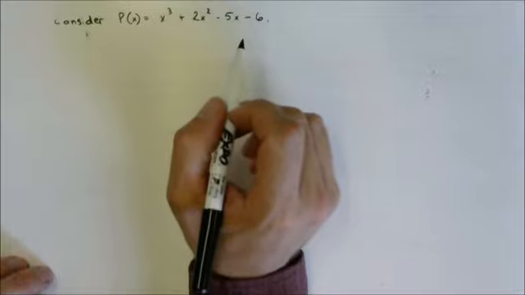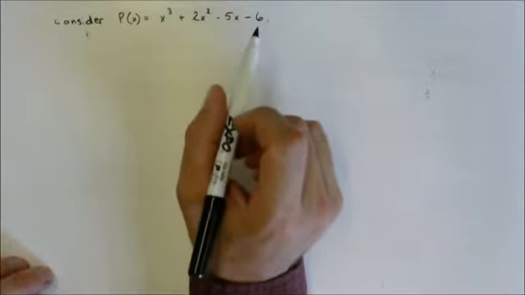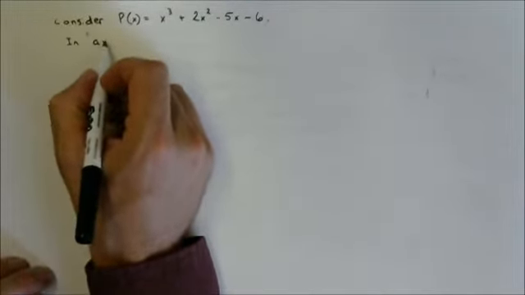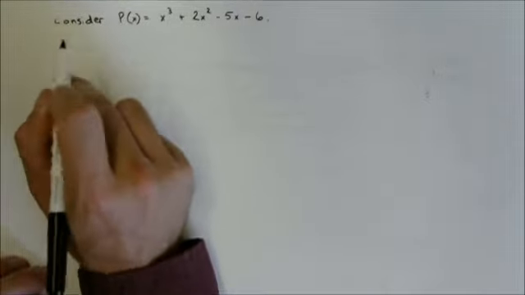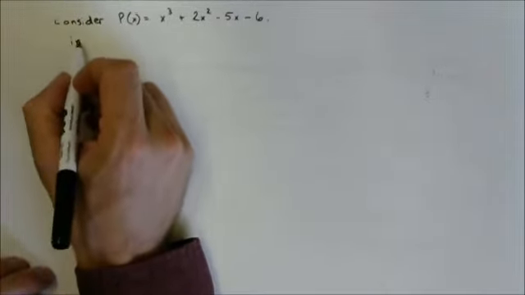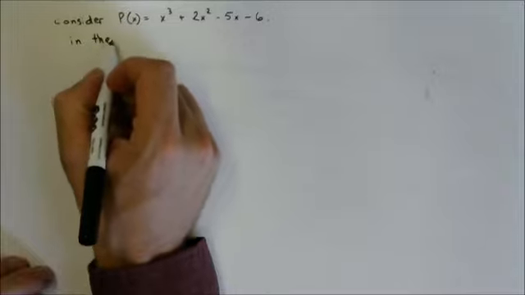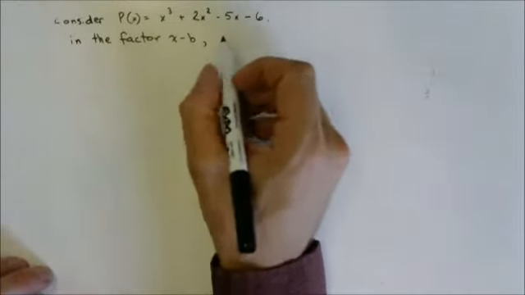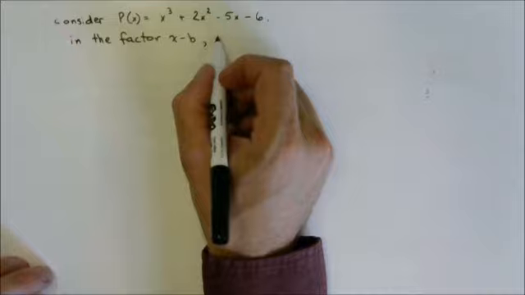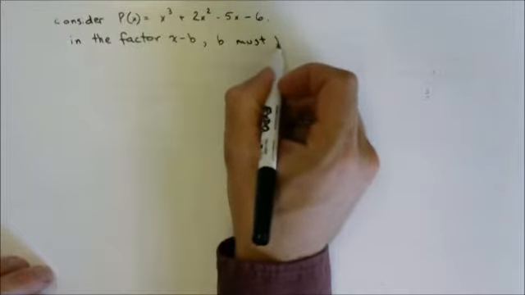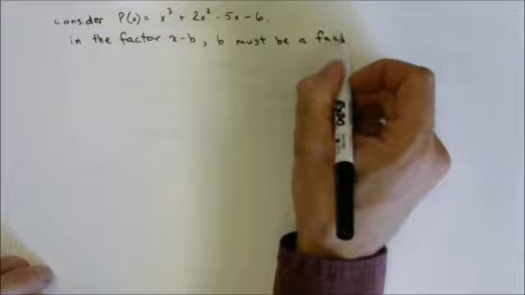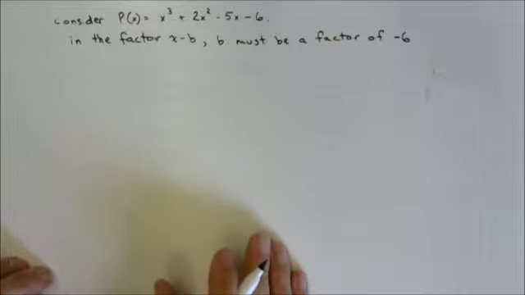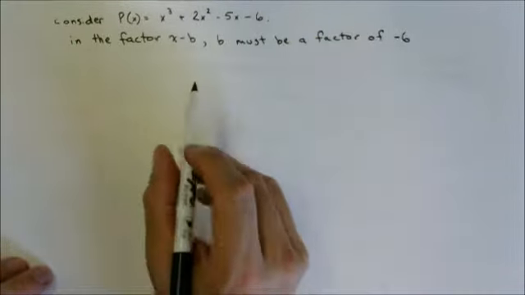Basically, what we're going to test as values of b, in the factor x minus b, b must be a factor of -6. It must be, and we talked about that already.